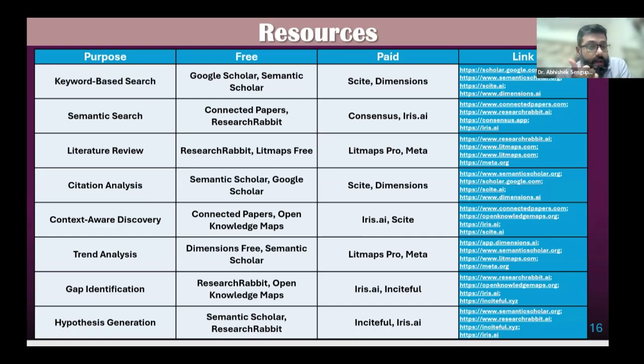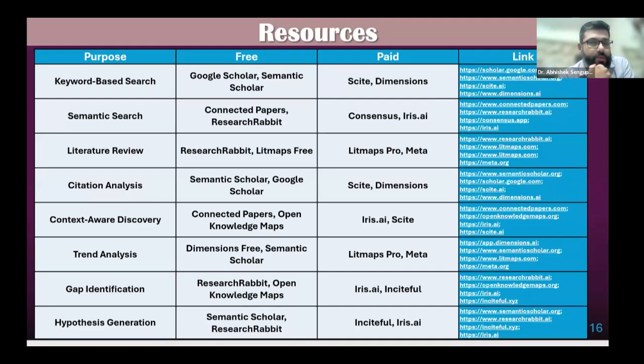For example, Research Rabbit. Research Rabbit is a very useful AI-based tool for literature collection and writing. You first collect the initial literature. For any research scholar, literature collection can be done very effectively by using Connected Papers.